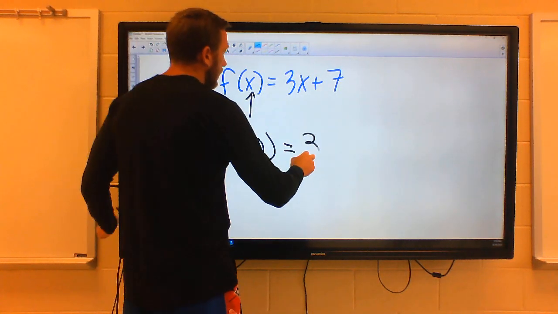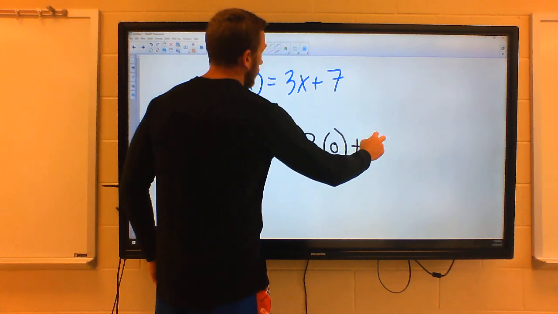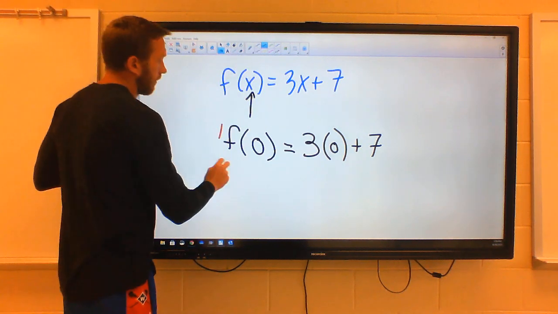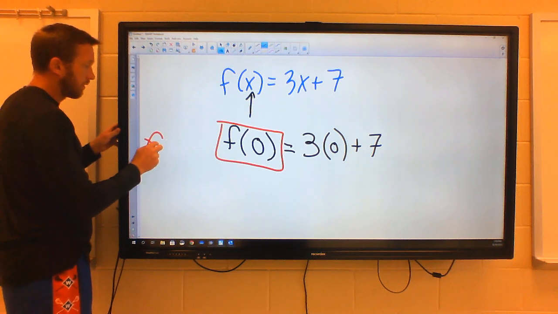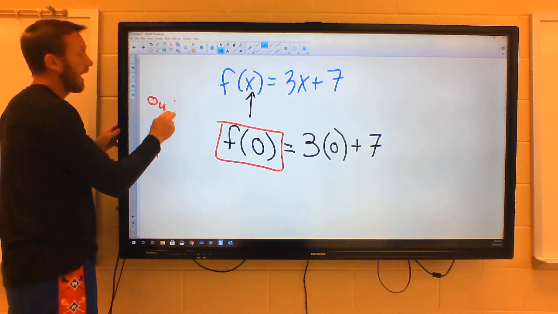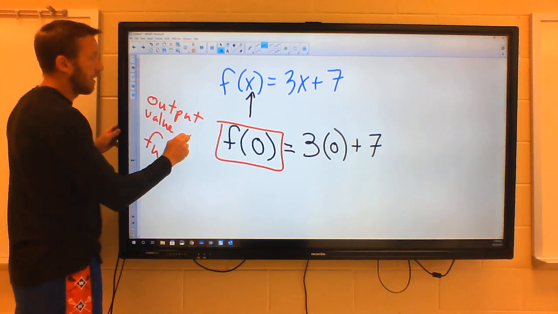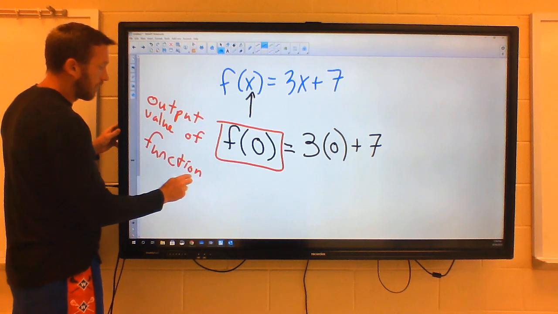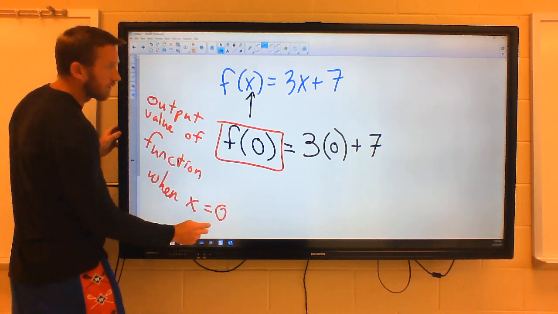And what that does is it tells us to plug that number in for our input over here. And so this statement literally translates to the output value of our function when x equals 0.